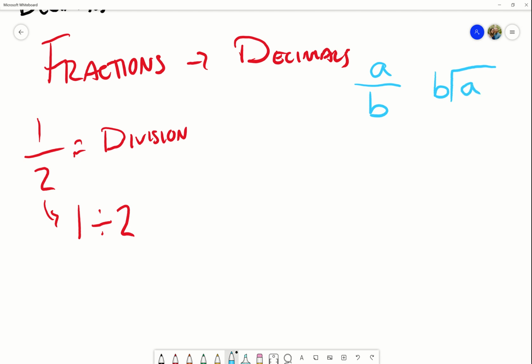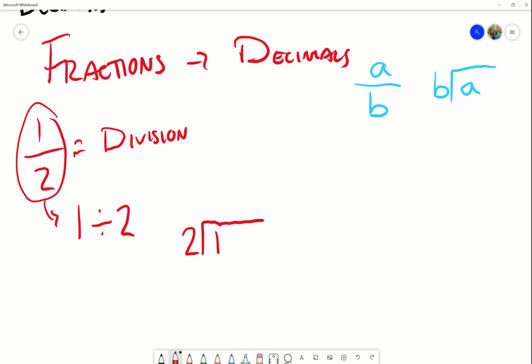Okay, so when we take our fraction, our bottom number is going to go on the outside for long division, and our top number is going to go on the inside. So if I were to write 1/2 as long division, it would be 2 into 1.